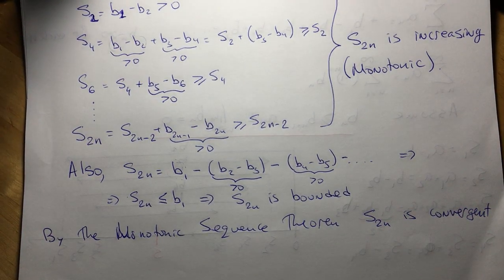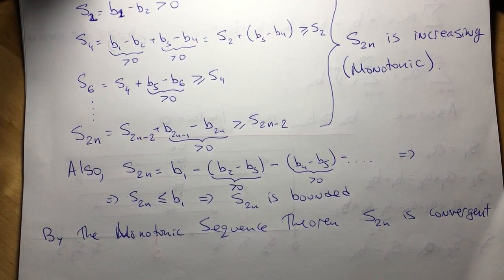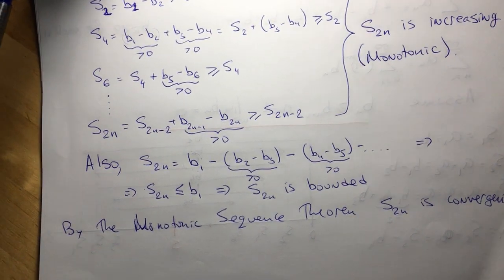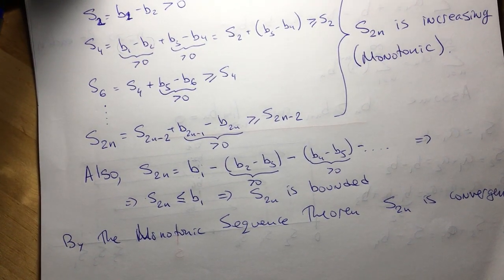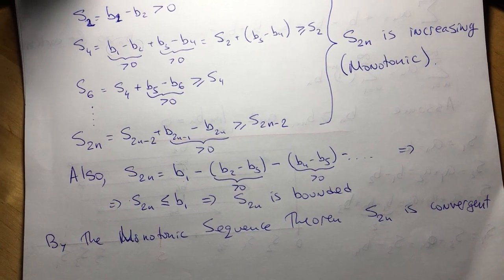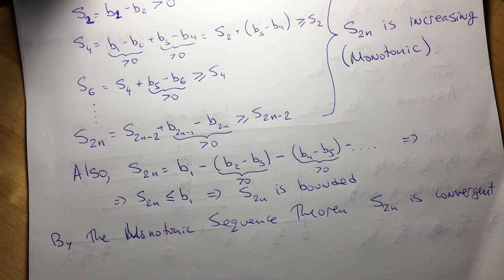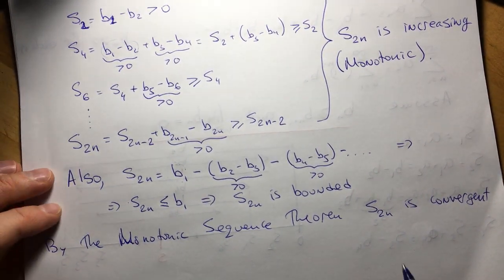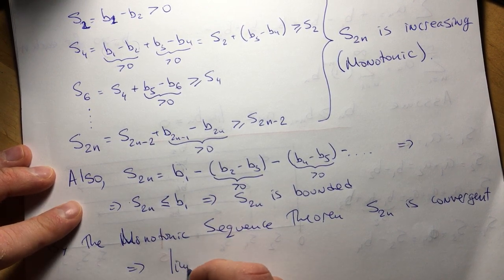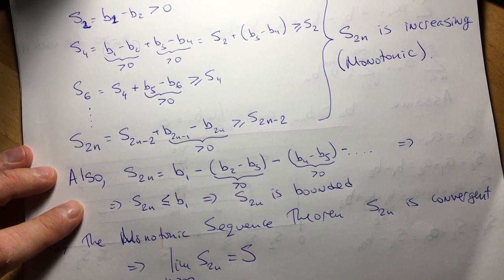The limit exists, and now let's just call that limit S. So the limit of S of 2n as n goes to infinity, we call that limit S. Okay?